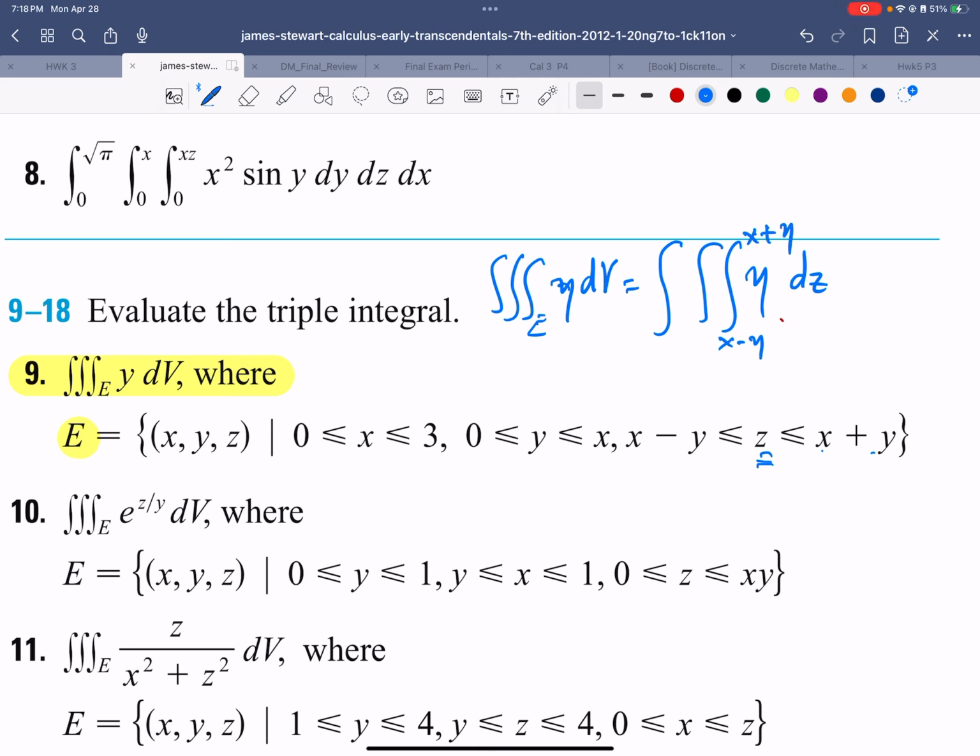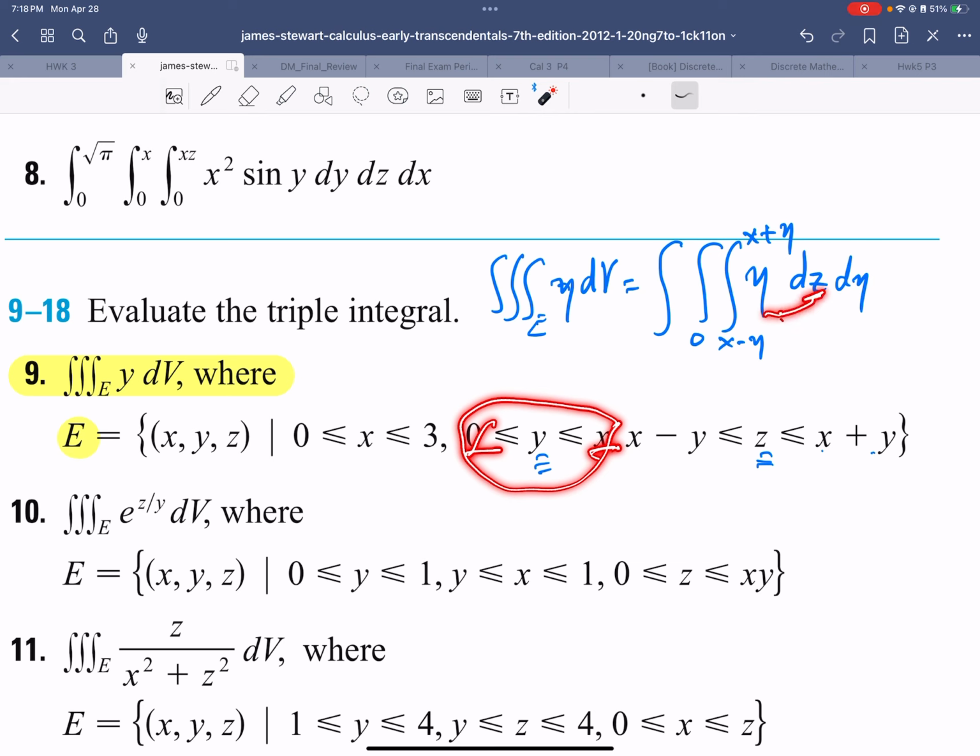And then the next one is dy. dy is between 0 and x.